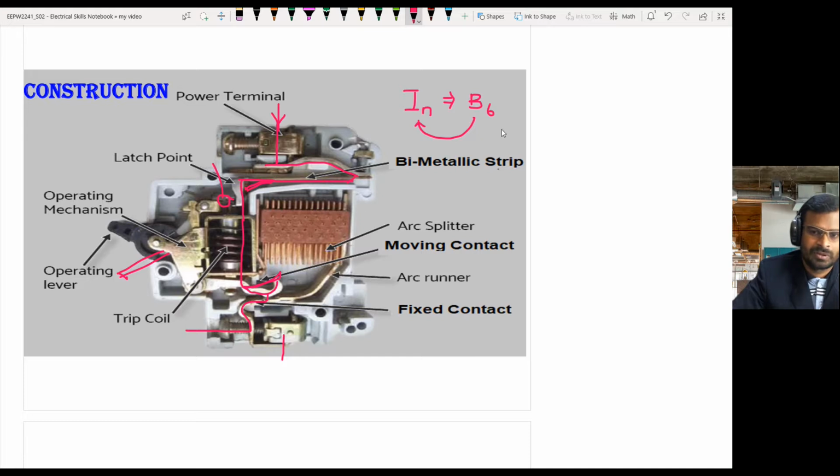On the other end, for the same B6, if the current goes to, for example, 100 or 150 amperes through this MCB, that will be considered a short circuit. It's a very high current compared to the normal rated current here.